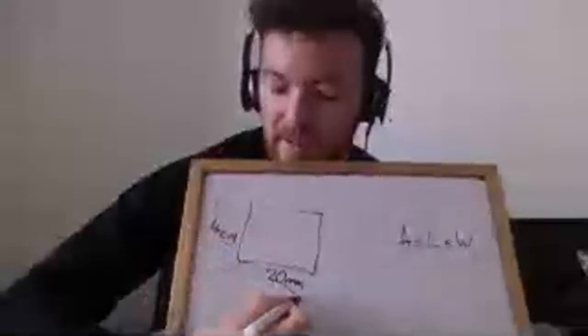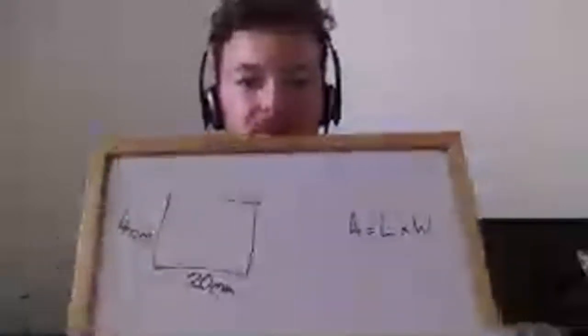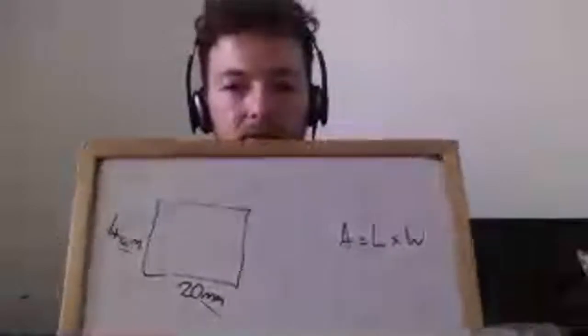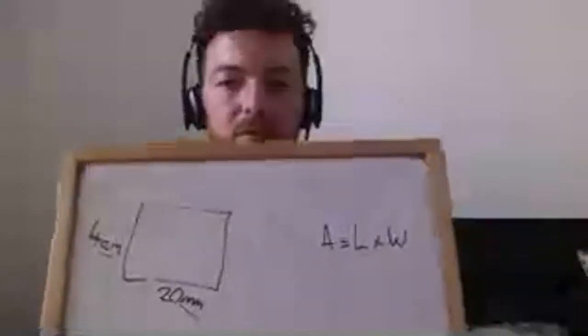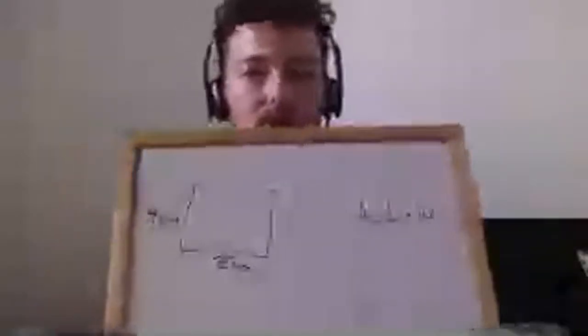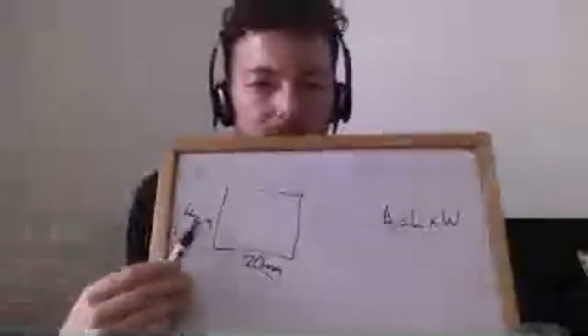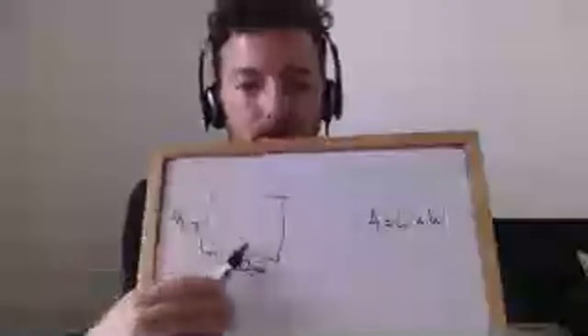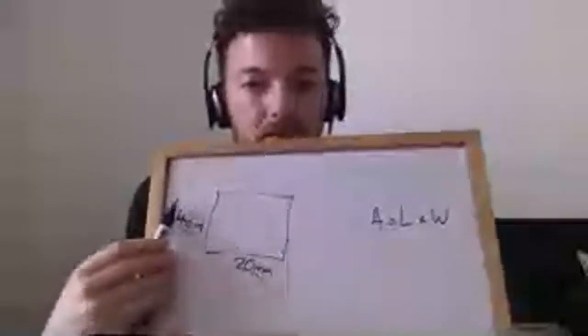Can you see that the centimeters and millimeters are different measurements? They're different measurement lengths. To work out an area, you need to convert them so they're both the same. So it wouldn't matter if you convert them both to centimeters or convert them both to millimeters. It wouldn't matter which, all right? But just be careful, all right?